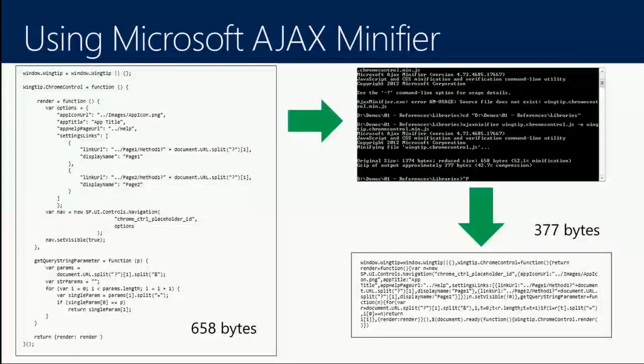So you can see the Ajax minifier here in this simple example took a 658-byte JavaScript library, which is formatted politely for me to read it, debug it, show it to you guys, and squished it down to 377 bytes, and there's the output over there. Obviously, you wouldn't want to have to work with that in your development environment. So that's a really straightforward operation. Just get that Ajax minifier and use it.